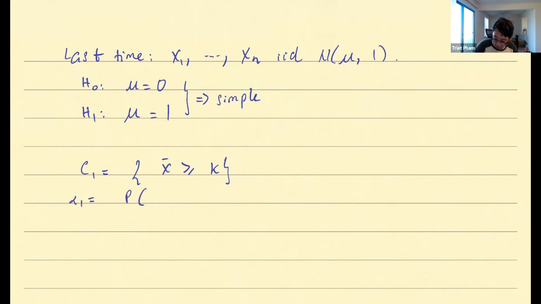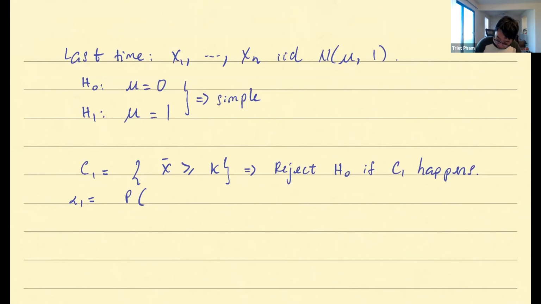By the way, critical region means that we reject the null if C1 happens. That's the whole purpose of critical region. It allows us to accept or reject the null hypothesis.